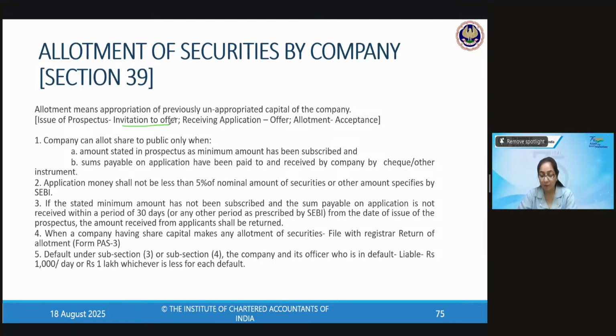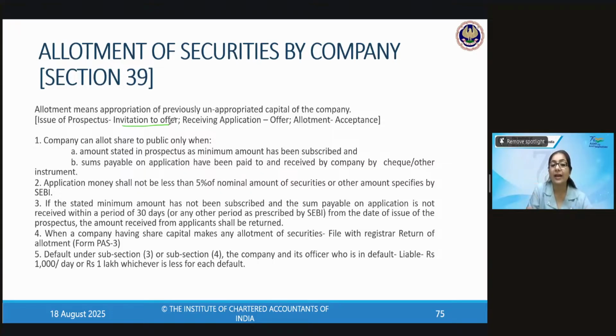Display of products in the market, in the shops, right? When we are just inviting the public to come and buy shares in my company, I am not giving any offer. Now, I am a company ABCD Limited and I have issued the prospectus. So I have given an invitation to offer to the public.